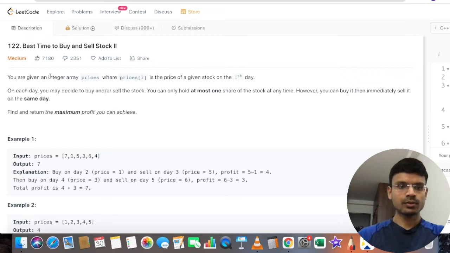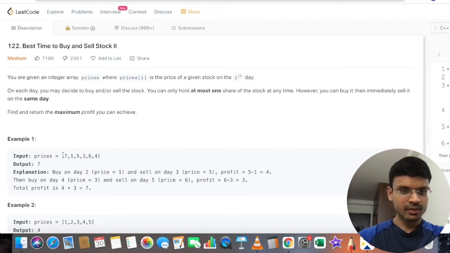The enhancement in this question compared to the previous one was that in the previous problem we could only buy and sell the stock once in the entire array, but here we can buy a stock and then sell a stock, then again buy it if we get a better price.